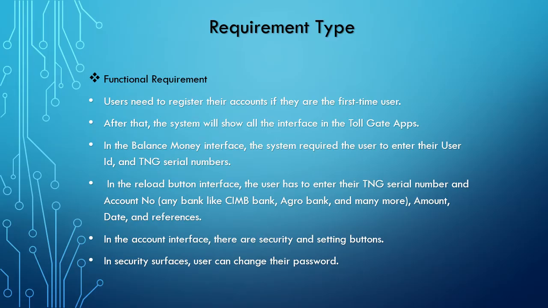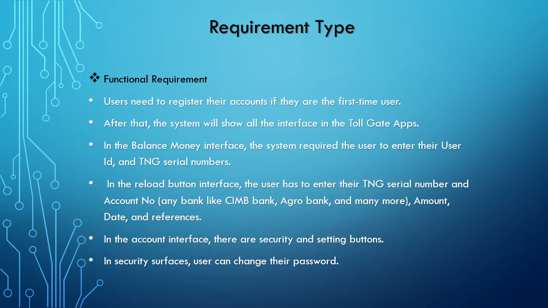Requirement types. There are three types of requirement, which are functional requirement, quality requirement, and the last one is constraint. Functional requirement: the user needs to register their account if they are a first-time user. After the registration, the system will show all the interfaces in the tollgate apps. In the balance money interface, the system requires the user to enter their user ID and TNG serial number.